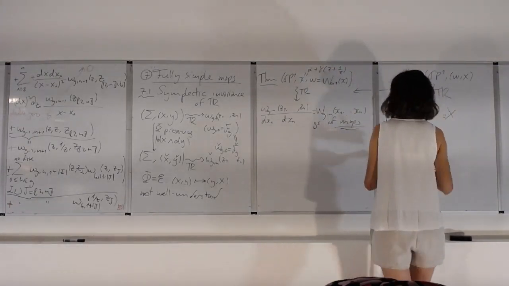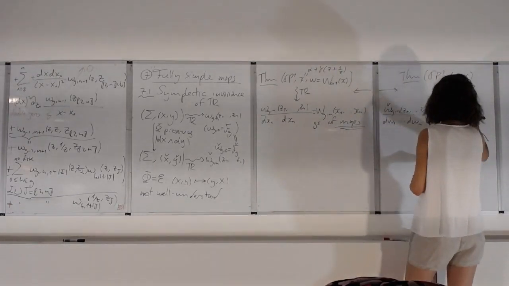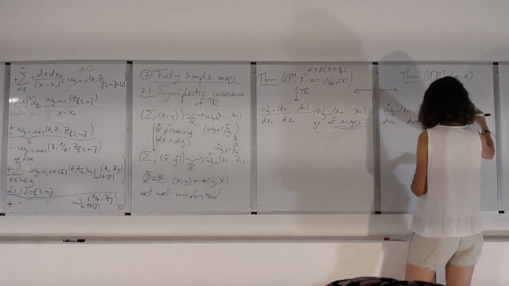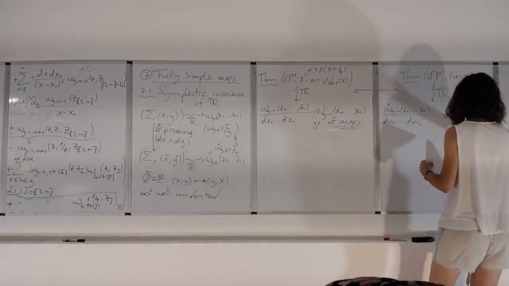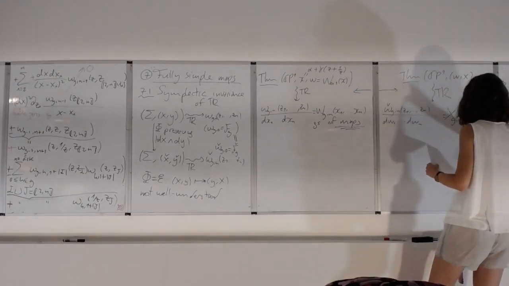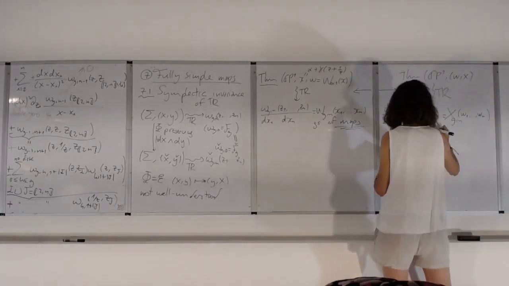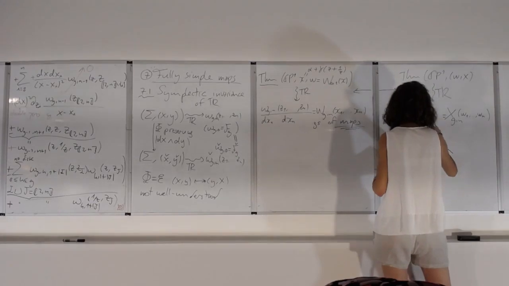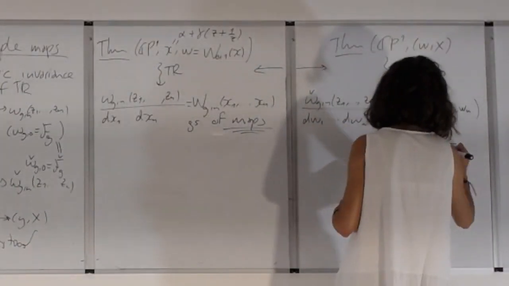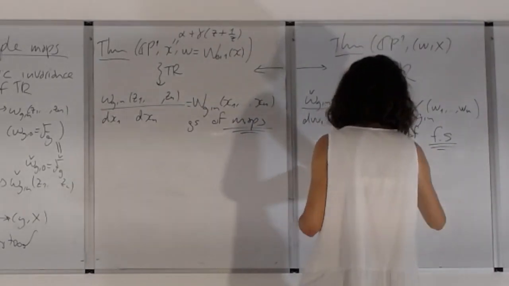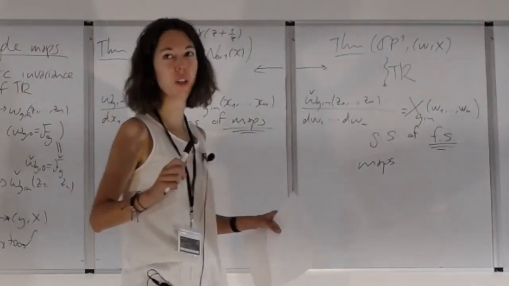Here we get fully simple maps. This is the generating series of fully simple maps that I wrote yesterday. Okay, S stands for fully simple.